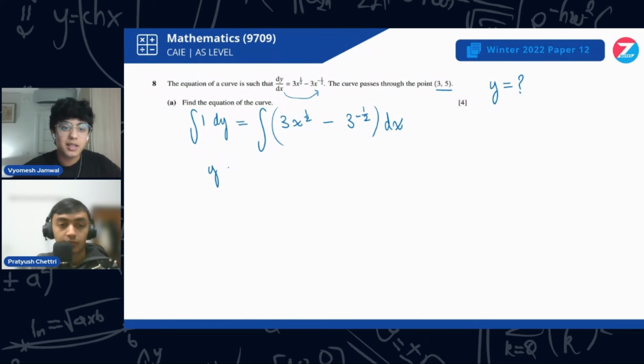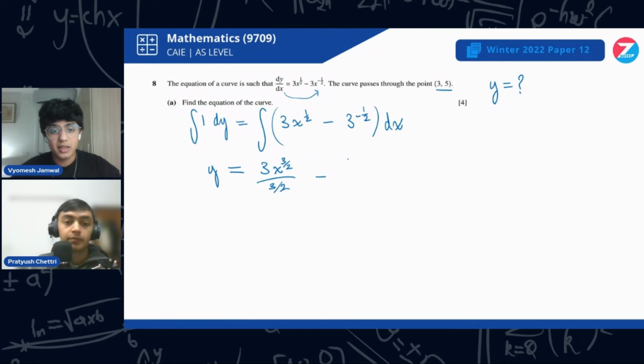And then on the right-hand side, let's solve this. So 1 upon 2 plus 1 is equal to 3 upon 2. So it'll be 3x to the power 3 upon 2 divided by 3 upon 2. And then it'll be minus 3. There should also be an x there, 3x.